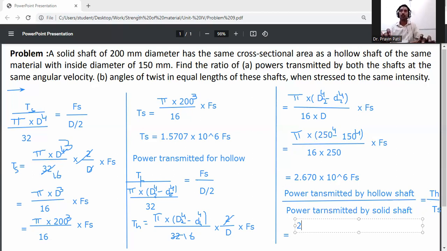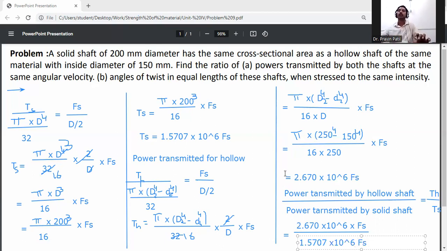It is 2.670 into 10 raised to the power 6 into Fs, divided by 1.5707 into 10 raised to the power 6 in terms of Fs.